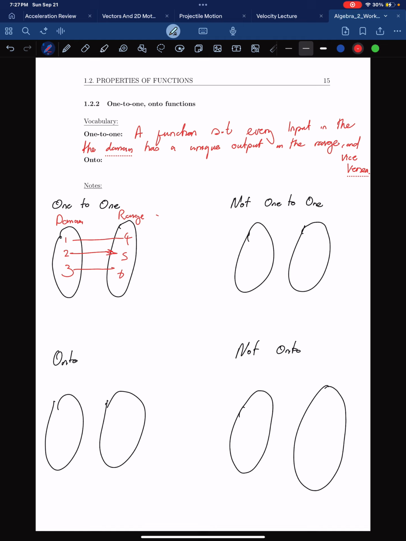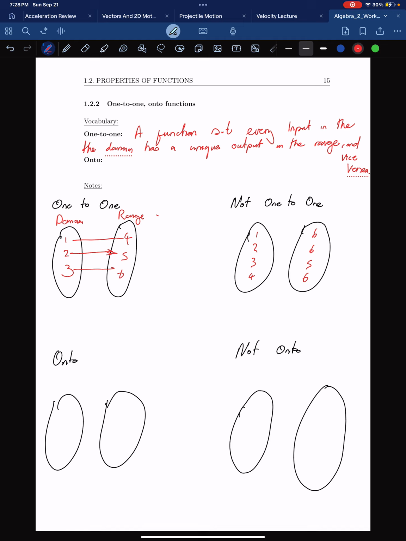So something that would not be one-to-one would be if any of the elements are repeating in each set. Like I got 666 over there. Don't worry, I'm not the devil or anything. It's a coincidence. Or even if the inputs are repeating, it's just not a function.